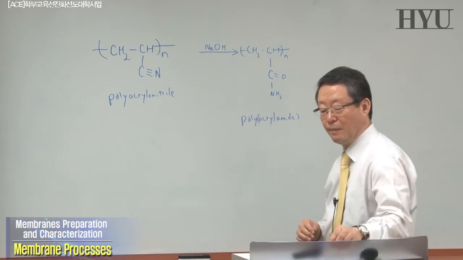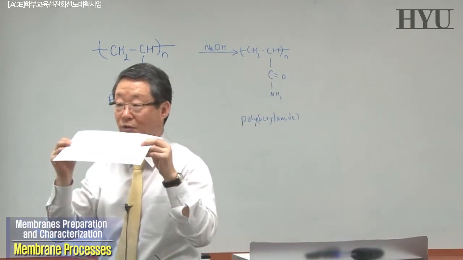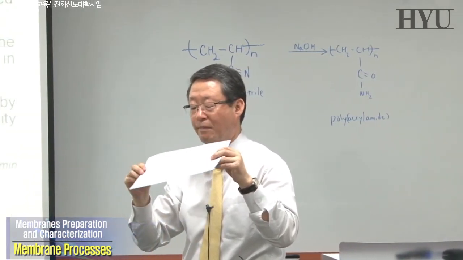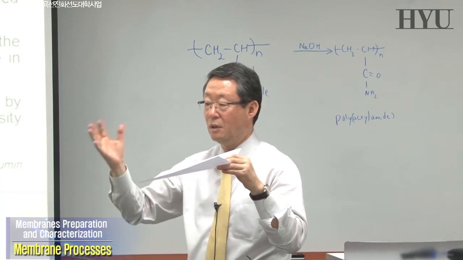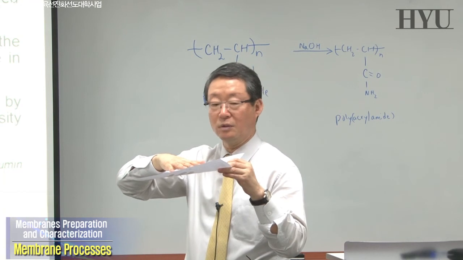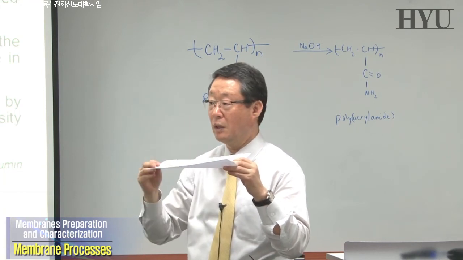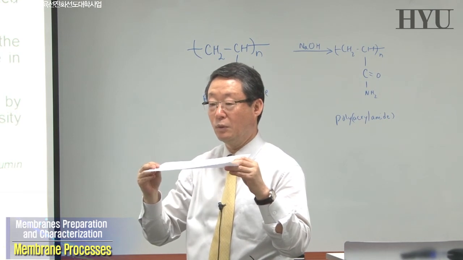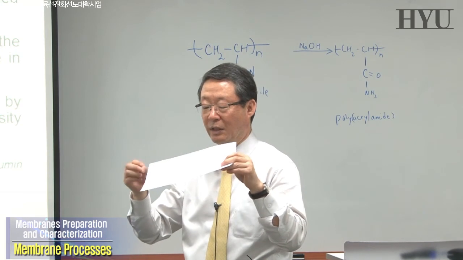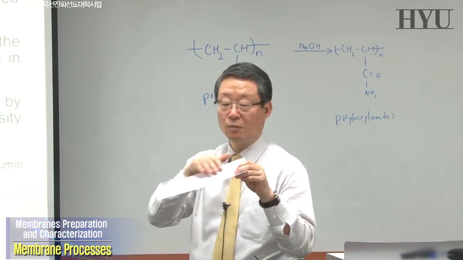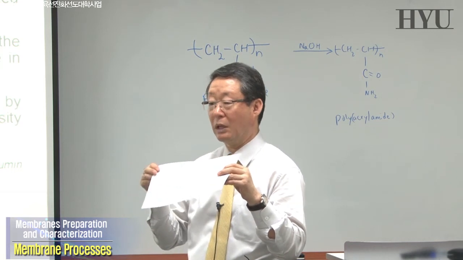In other words, if you have a polyacrylonitrile membrane, okay, you first make a polyacrylonitrile membrane, and your surface might be exposed to a sodium hydroxide solution, okay, and later on you will remove the sodium hydroxide, then only the surface of the polyacrylonitrile will change into polyacrylamide.